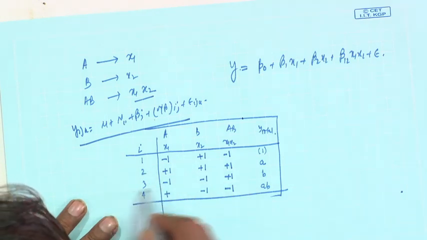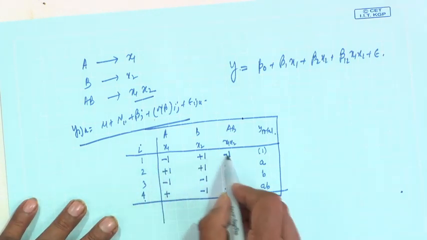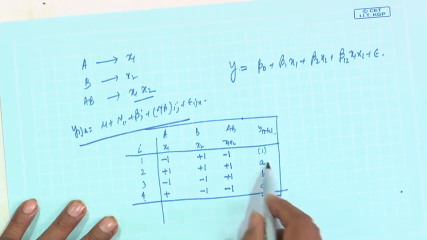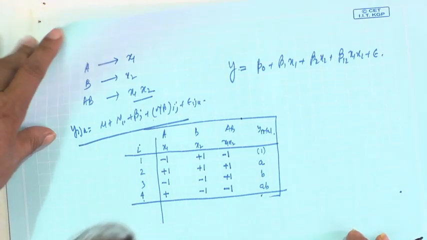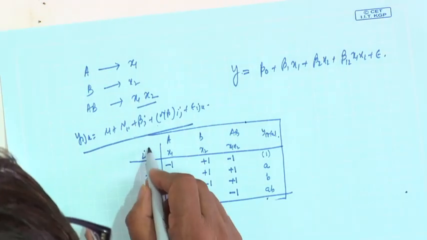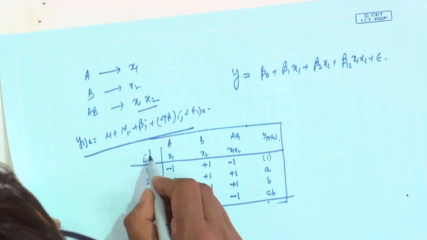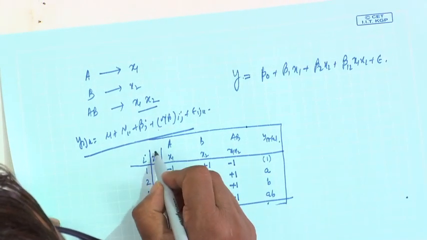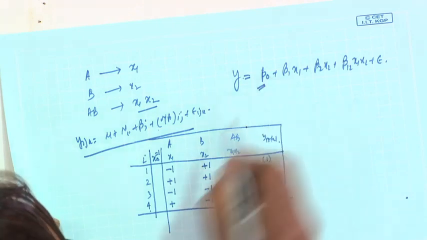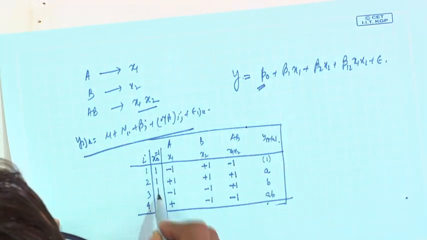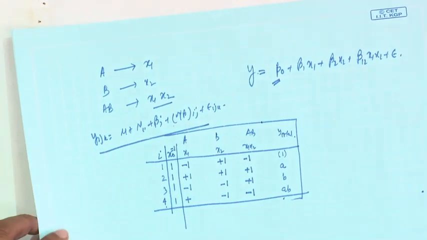So, we have 4 independent settings, there are x values, and there are y values also. In addition, we require a constant called x0, which will always take 1 for beta 0. We will write this as 1 1 1 1.